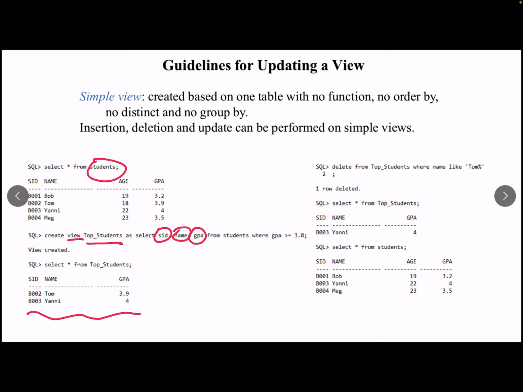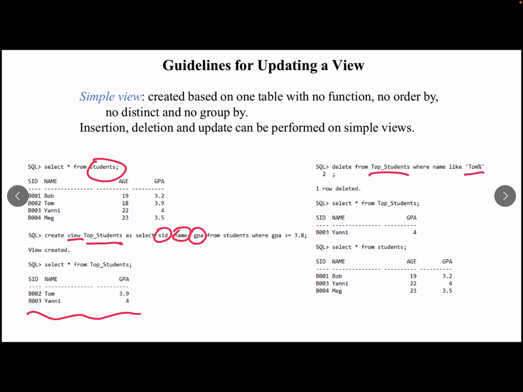Next, we're doing a deletion on this simple view. Because top student is created based on only one table, student, it is a simple view. We delete from this simple view the row with the name Tom.